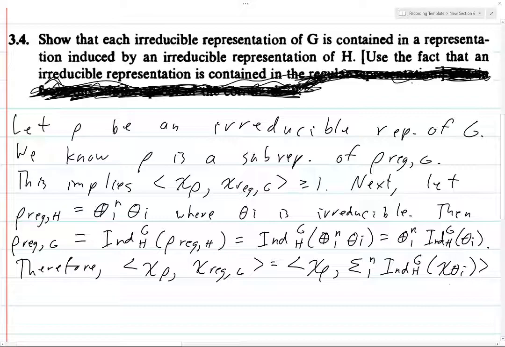And so this is equal to, now we can bring this sum out, chi rho, and now the induced from H to G of chi theta I. Okay.